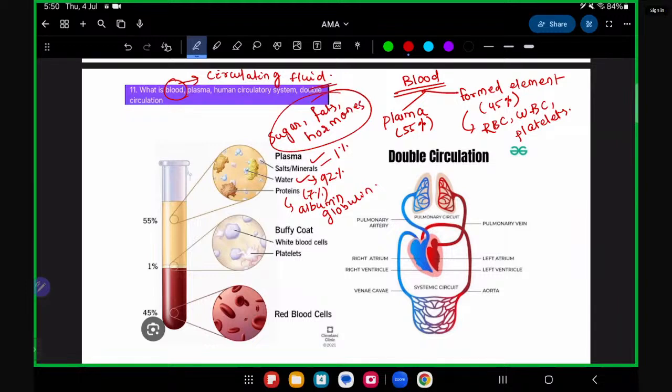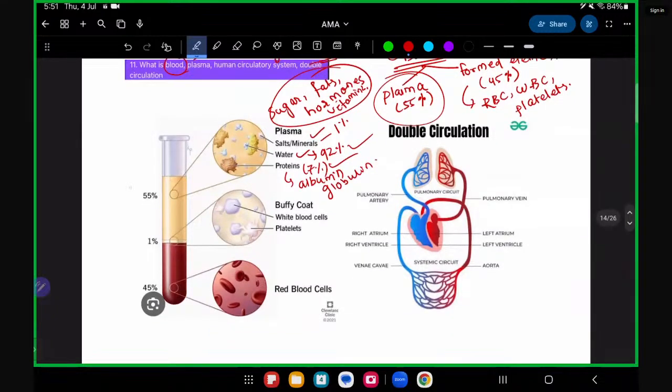These are negligible in quantity. Also vitamins. So blood: plasma 55%, formed element 45%. The formed elements are RBC, WBC and platelets. Plasma contains salt and minerals 1%, water, which is the most, 92%, then proteins, albumin, globulin and anti-hemophilic factor. This consists 7% of plasma.